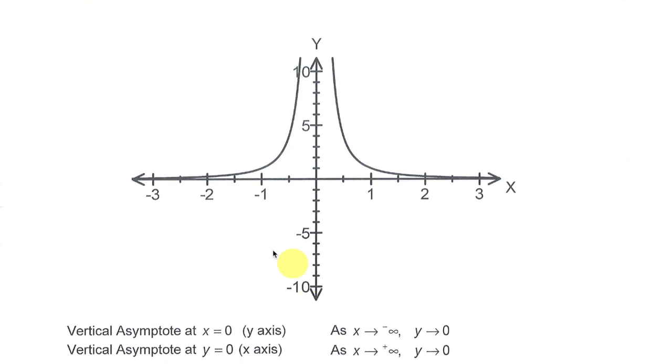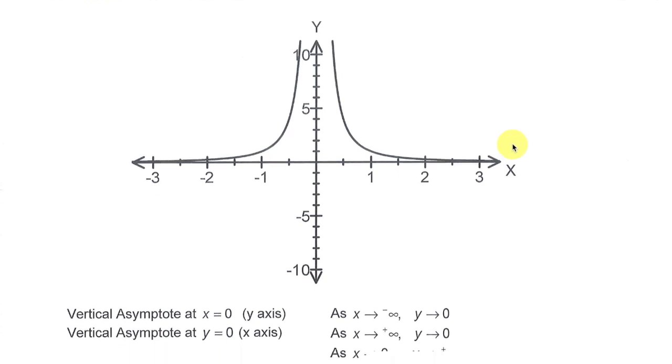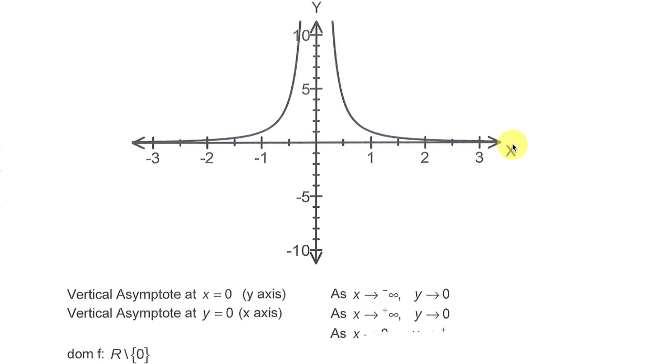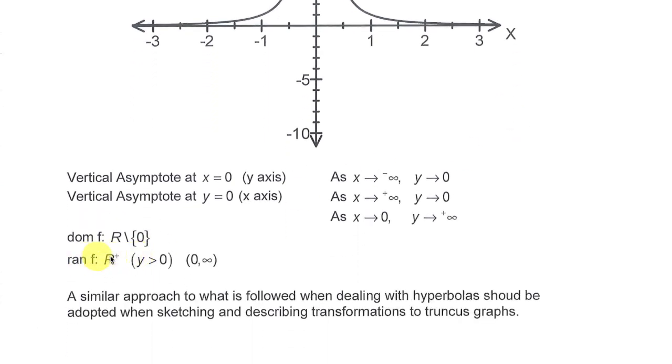Our range is different. We can have all values that are greater than y equaling 0. Again, we can never achieve y equaling 0, so that's why it's here. So all values for y being greater than 0, or if you like, the set of all real numbers that are positive. You can also write it in that notation.